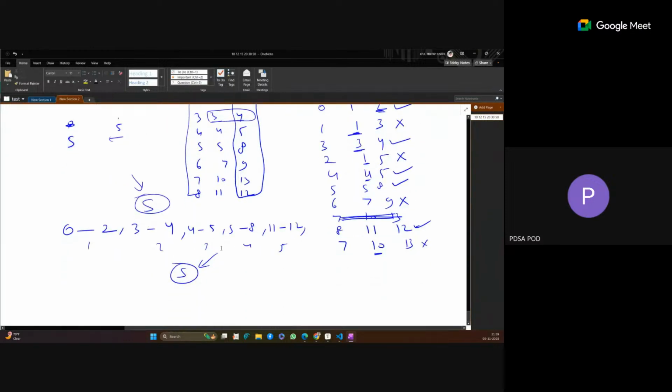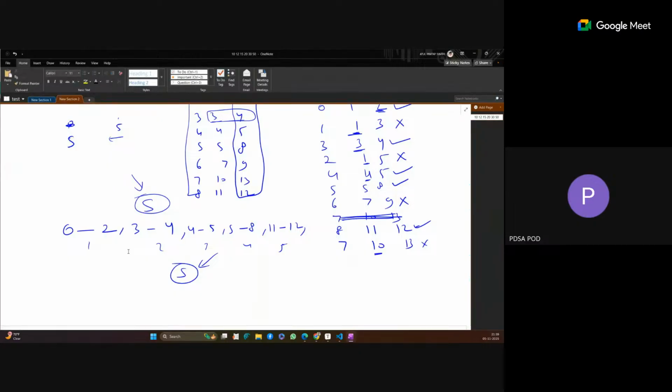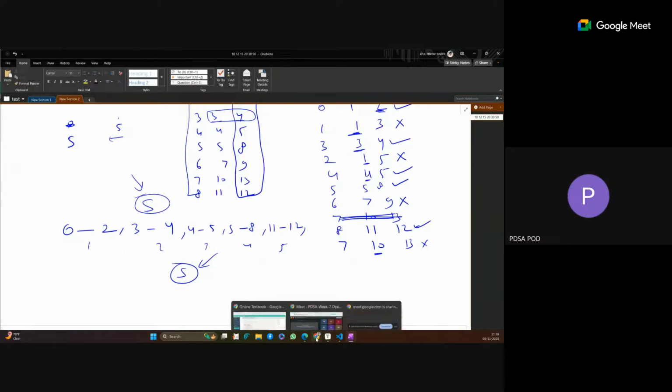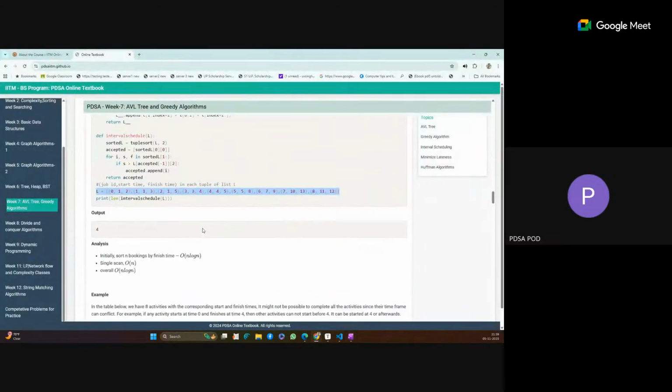So this is the interval scheduling algorithm. This type of problem is also given with slots, asking to identify the maximum number of slots. That is also asked in the quiz, so it is important and you should know this process.